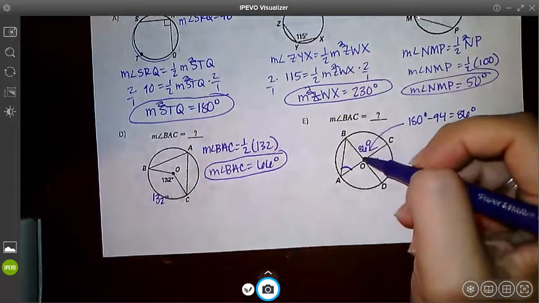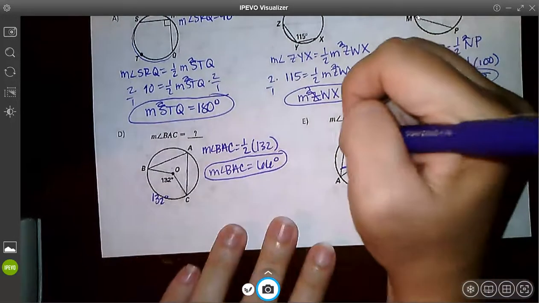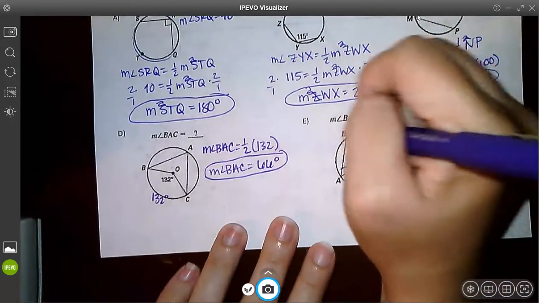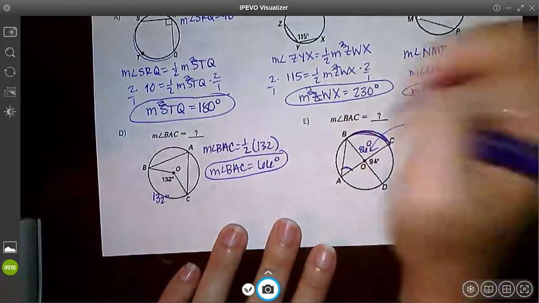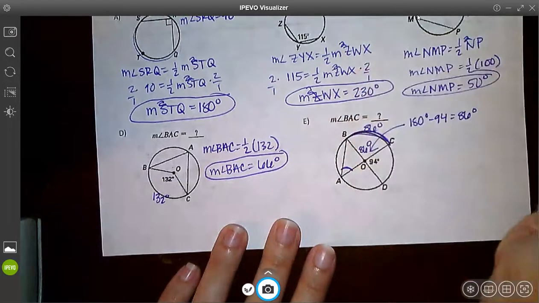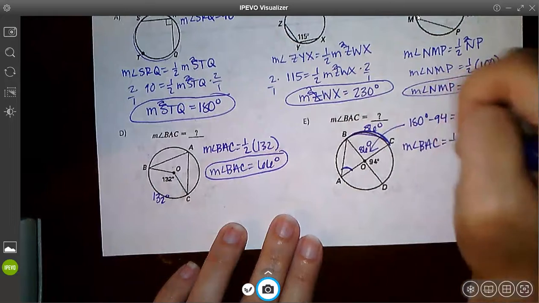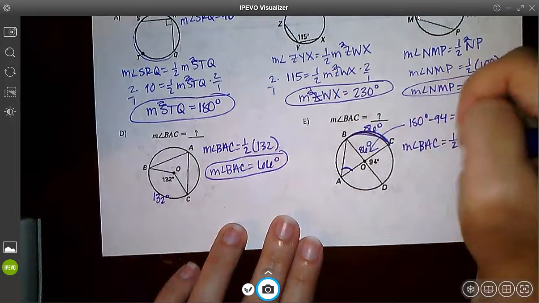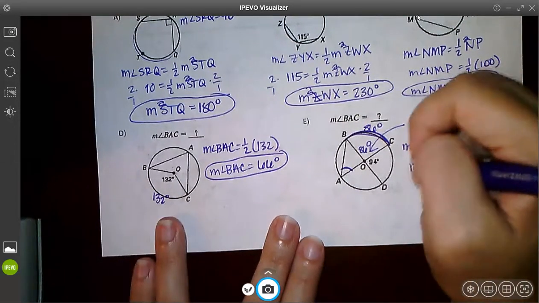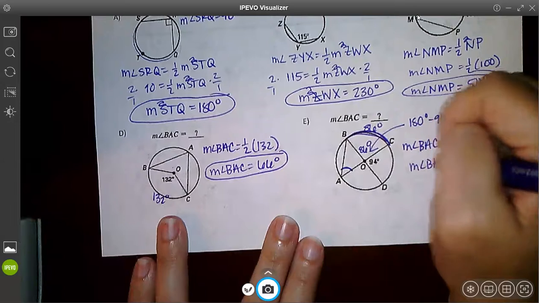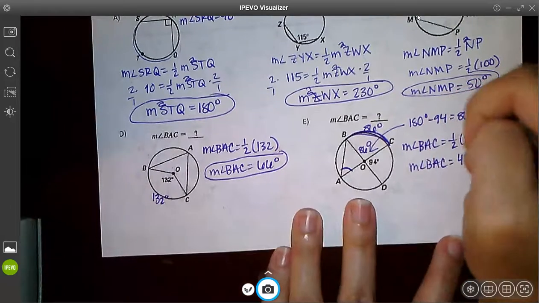So now because this is a central angle, that is the same as this arc that intercepts this arc. That arc is 86 degrees. So the measure of angle BAC is going to be half of that arc, which is 86. So BAC is going to be 43 degrees.